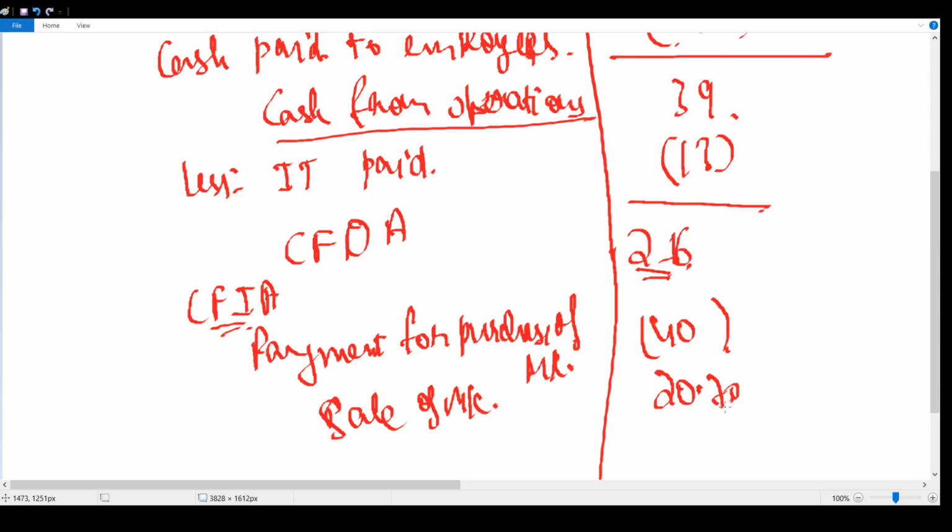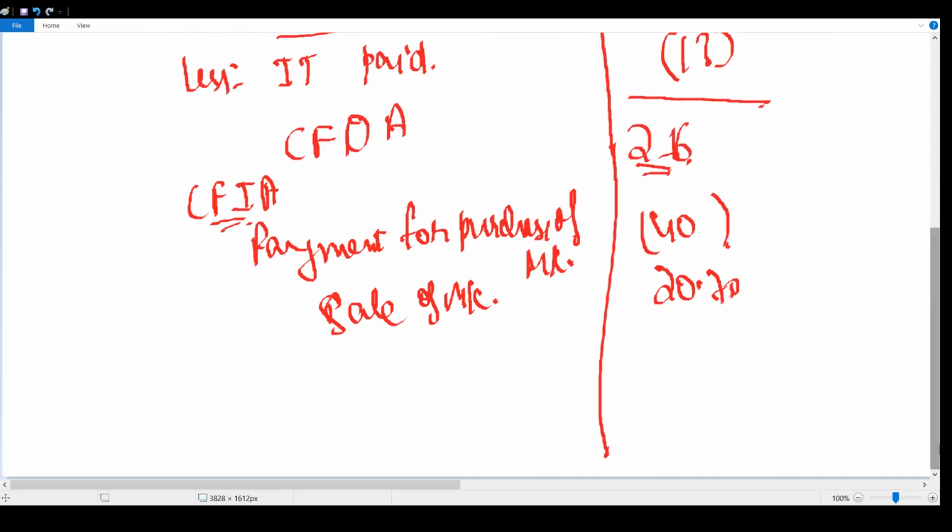Okay. Now next, why have we not done any treatment of that 30 lakhs loss on the sale of machinery? Can anyone tell? Because it is the direct method and not the indirect method.